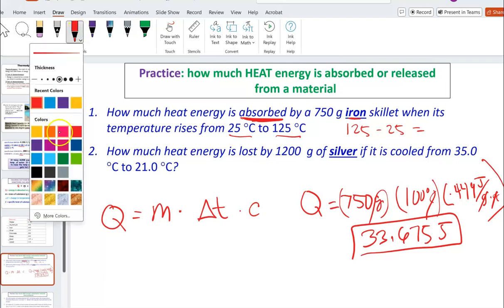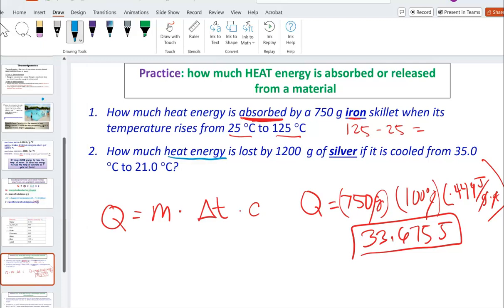Okay, so let's do number two. I'll do it in a different color here, in blue. It says how much heat energy is lost. So we're solving for Q again, for 1,200 grams of silver if it is cooled from 35 degrees Celsius to 21 degrees Celsius.